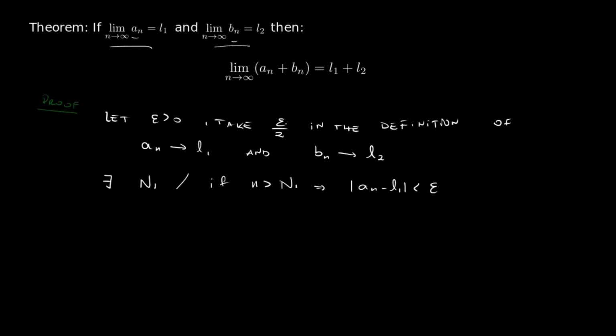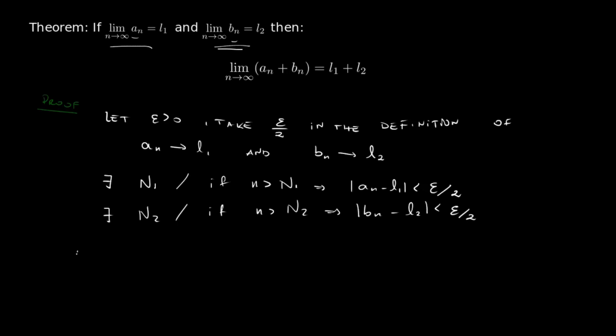And then the same, taking this epsilon over 2, there will exist a number n2 for which if n is greater than n2, then the absolute value of b sub n minus L2 will be smaller than epsilon over 2. And this is the definition of the limit for b sub n.